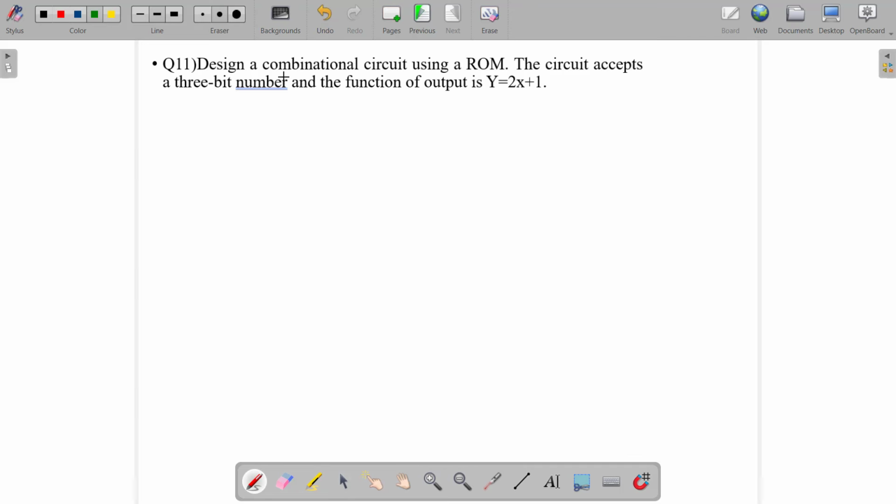So as the last question, we want to design the combinational circuit using the ROM that accepts 3 bits. It means that the inputs is 3 and the output using 2x plus 1 is obtained. So it means that we have to use, for example, A2, A1, and A0 for the inputs, and again write all of the possible combinations.